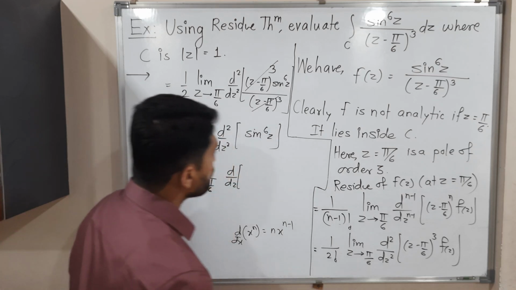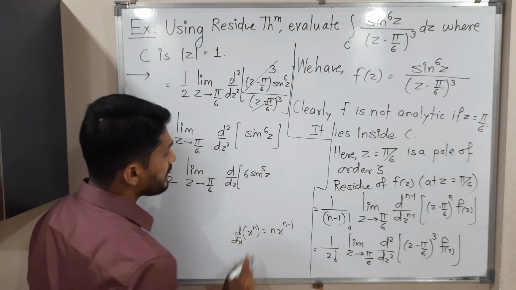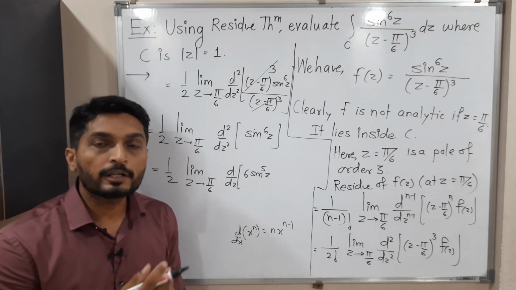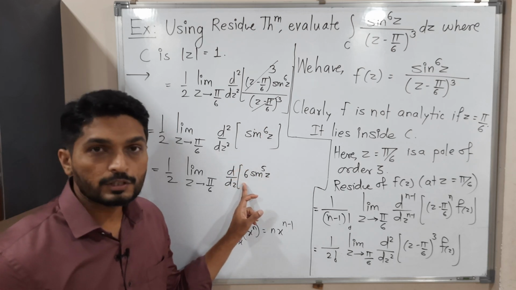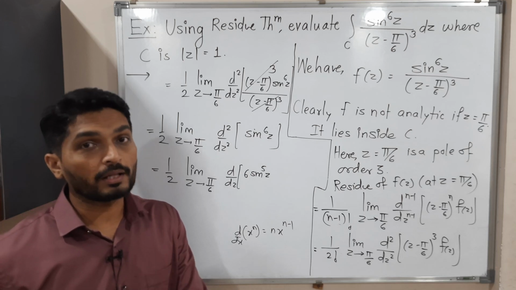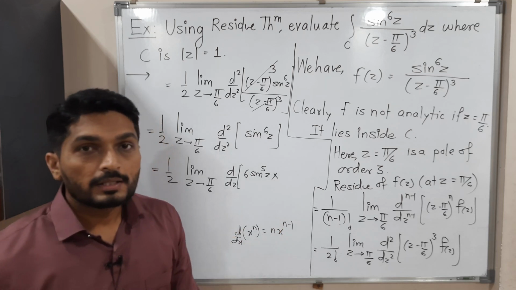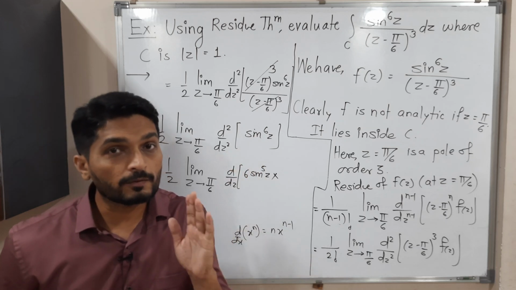So by that formula I should write 6 sin raised to 5z, since whatever power we have, we write it first and we reduce the power by 1. Doing the same thing here, I am writing the power first and reducing the power by 1, it means 5, into. We have taken the derivative of the power only, still we haven't taken the derivative of sine.